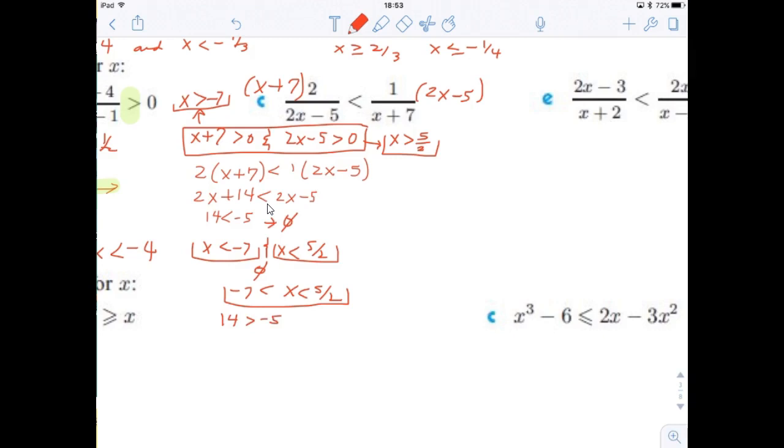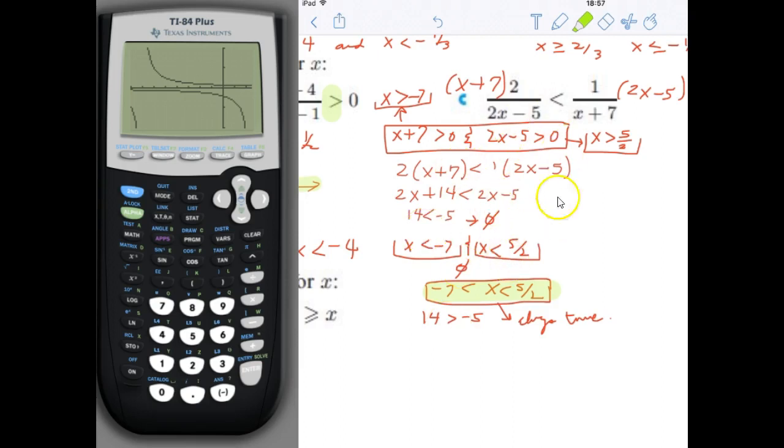So in the case that x is between these two values, then we know that the inequality is always true. Always true. And if the inequality is always true, then basically we've discovered our answer for when it's true. Whenever x is between negative 7 and 5/2, then it is true.